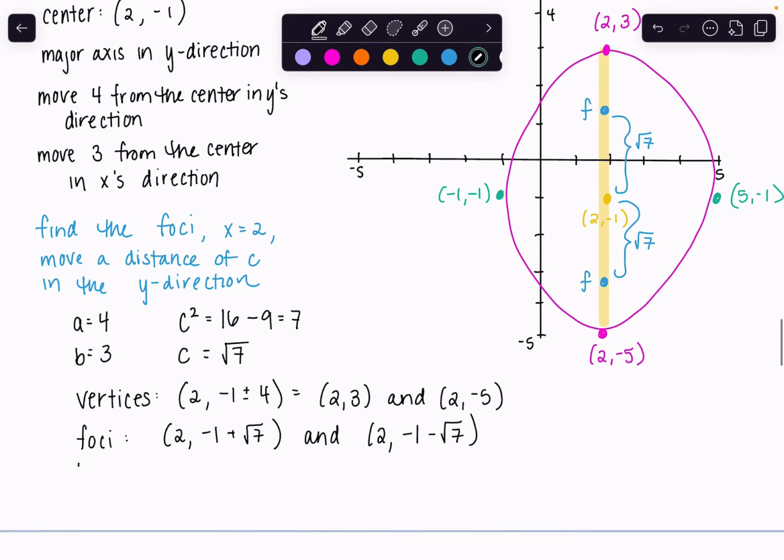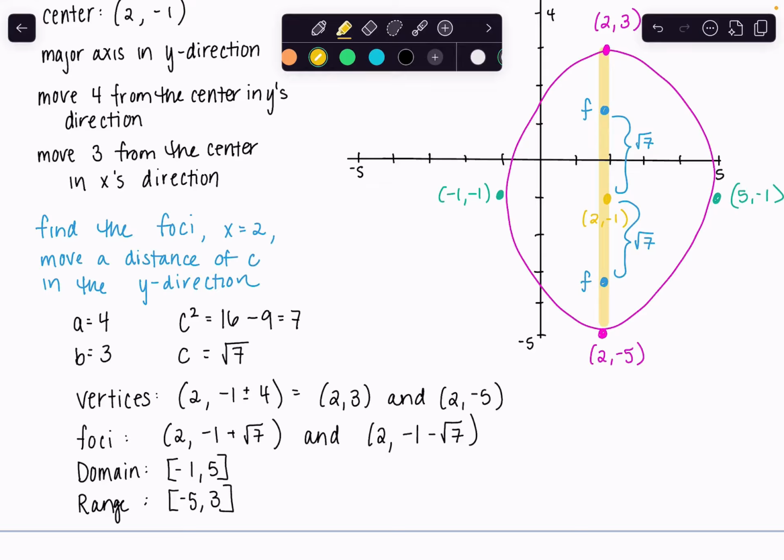And then our domain, the x values are trapped between -1 and 5. And then for our range, our lowest y value is -5, highest y value is 3. So this is all of the key information that we need for this ellipse.